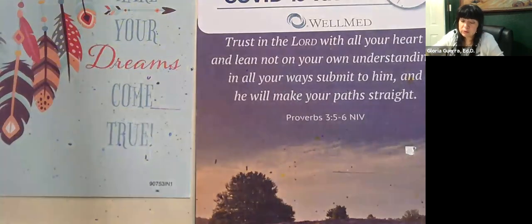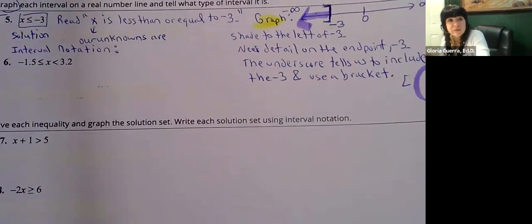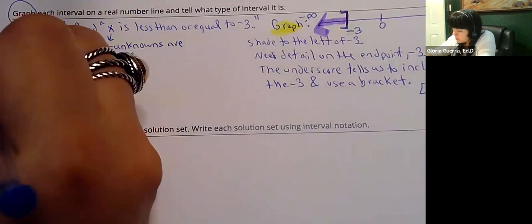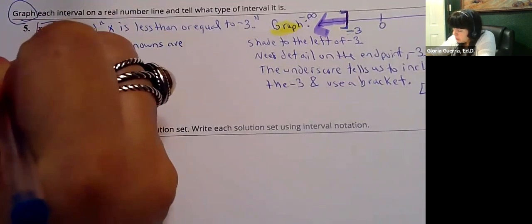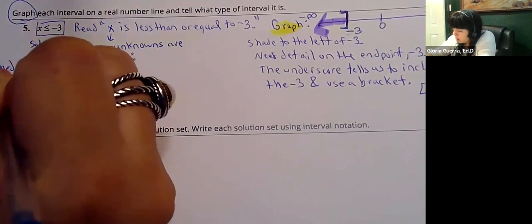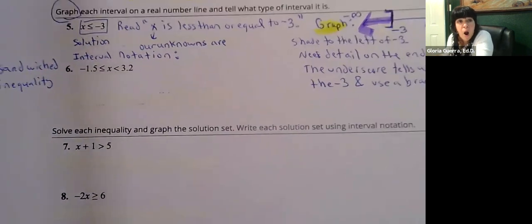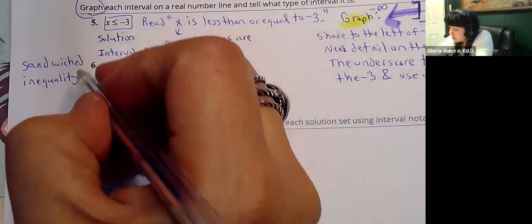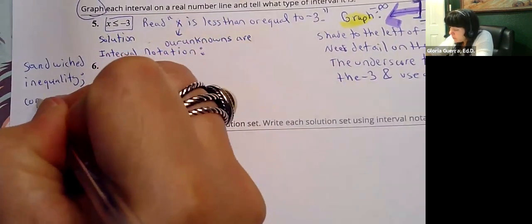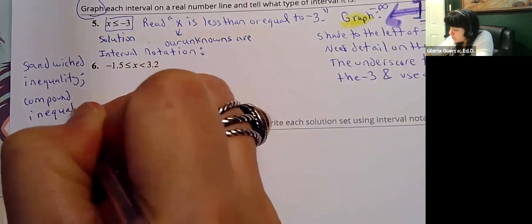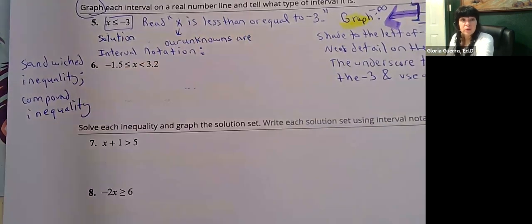So let's see. Okay, number 6. So this is called a sandwich inequality. It's also called a compound inequality.